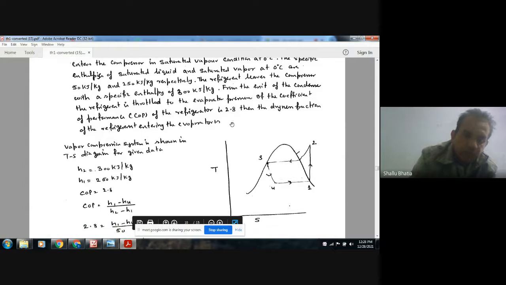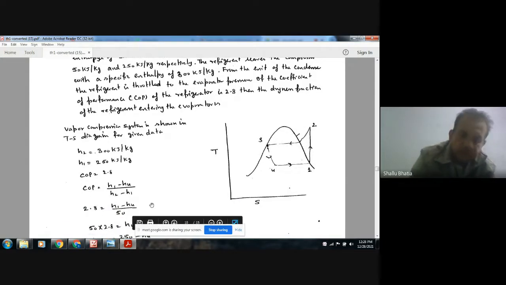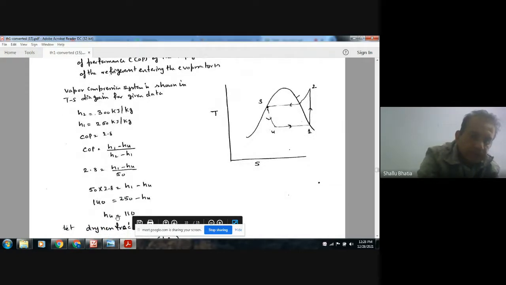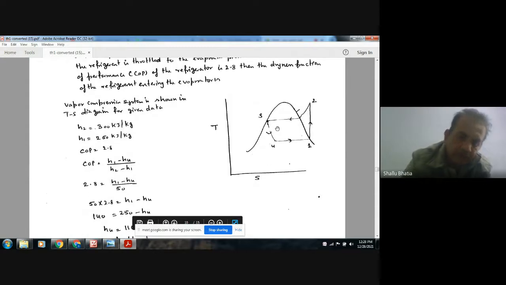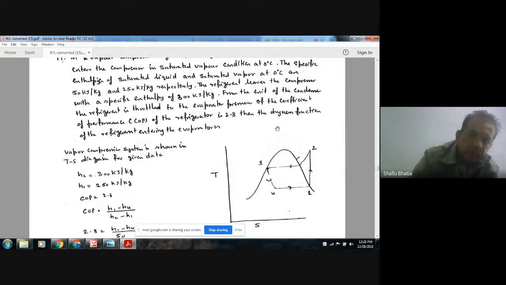So 2.8 into 50 is H1 minus H4. So H1 minus H4 is 140, so H4 is 110. Once the enthalpy at H4 is known, we can find the dryness fraction because at 0 degree Celsius, HFG is given as 50 and Hg is given as 250.